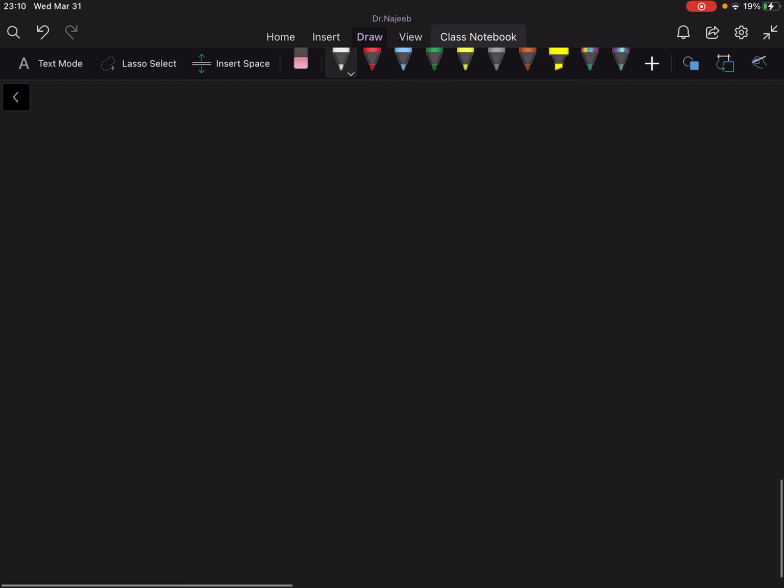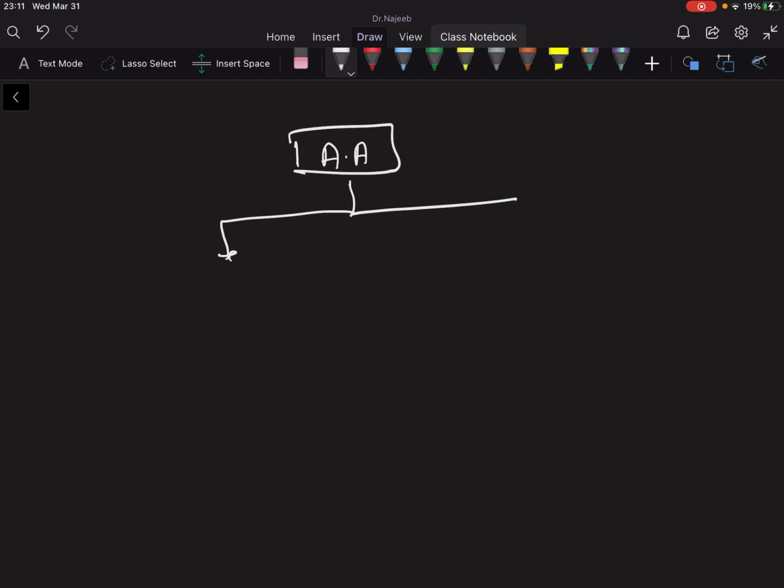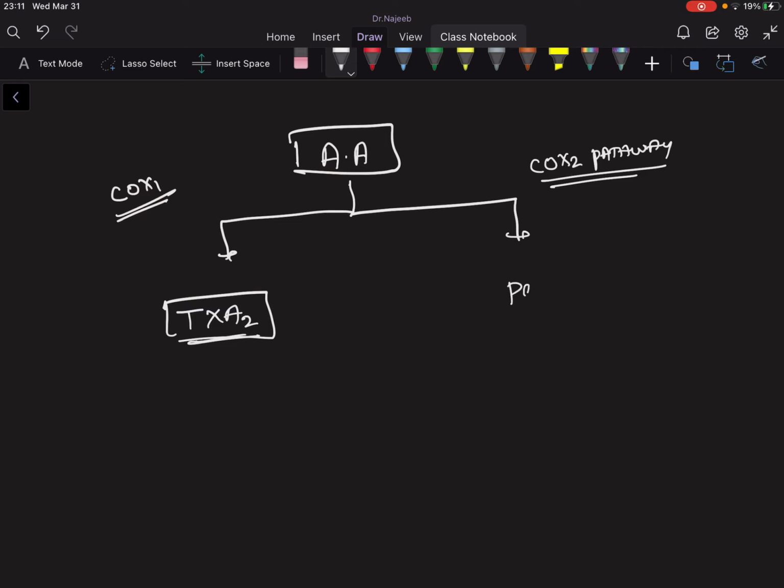So we have to talk about the pathways in cyclooxygenase. Suppose this is the arachidonic acid, it has two pathways. If it enters the COX1 pathway, which is mediated by cyclooxygenase 1, it will eventually form thromboxane A2. And if it enters the COX2 pathway, it will eventually form PGI2.